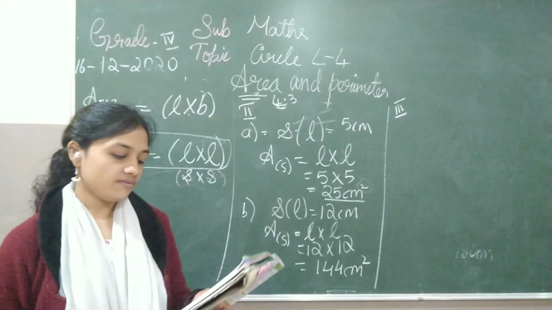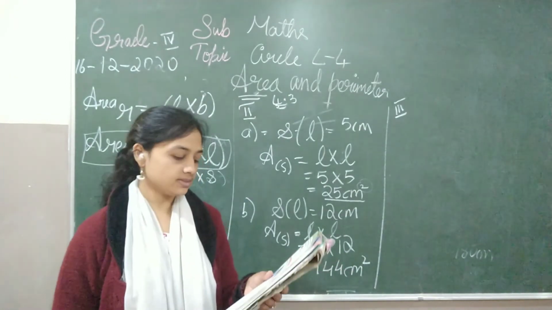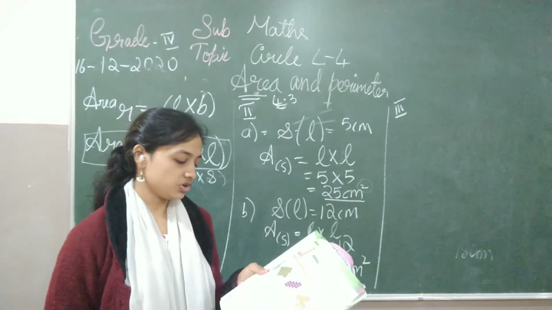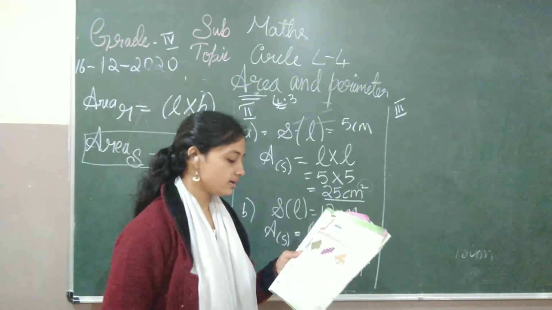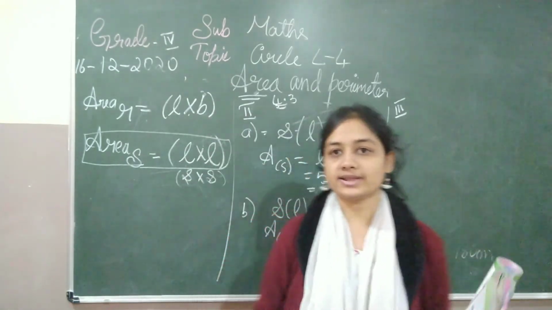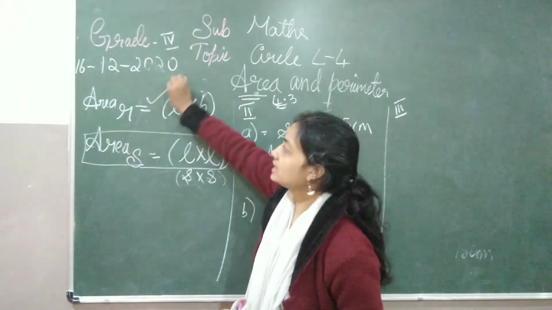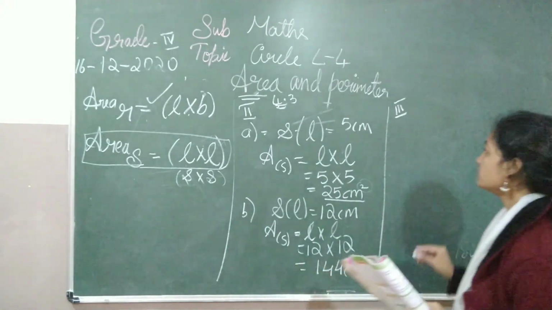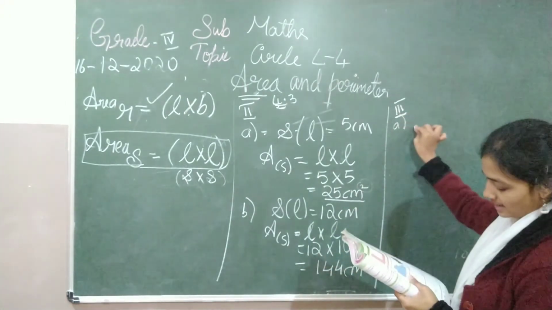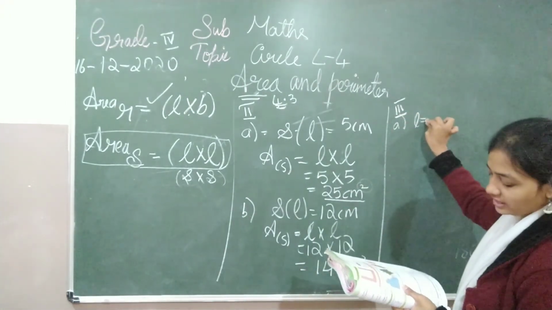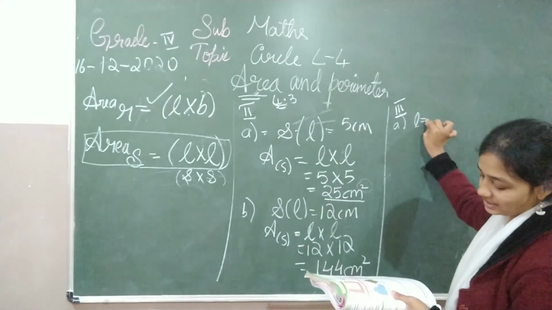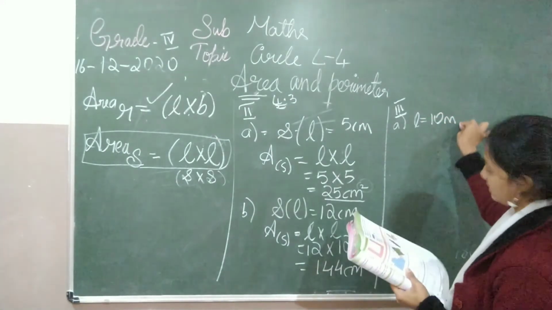I want you to find the answers for the C and D1. Now third main, A question. The heading is find the area of a rectangle. For that we will be using this formula. The first one, what is the L they have given? Length is the bigger side, that is 10 centimeter.